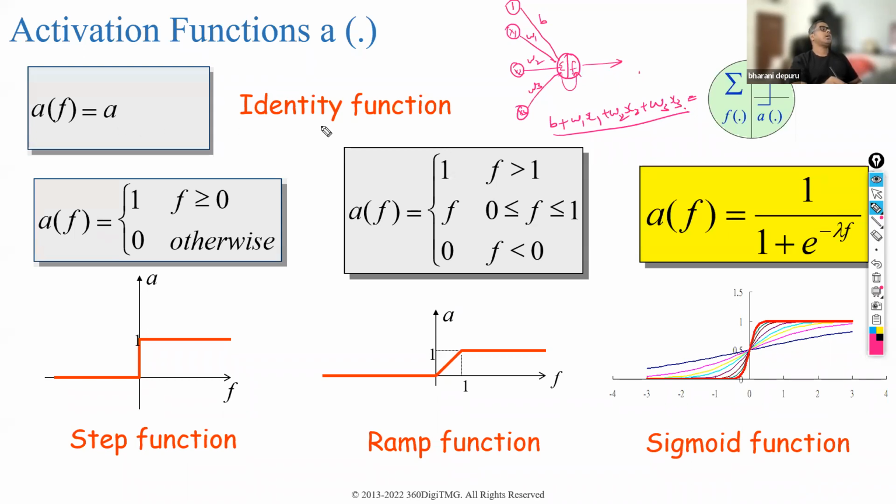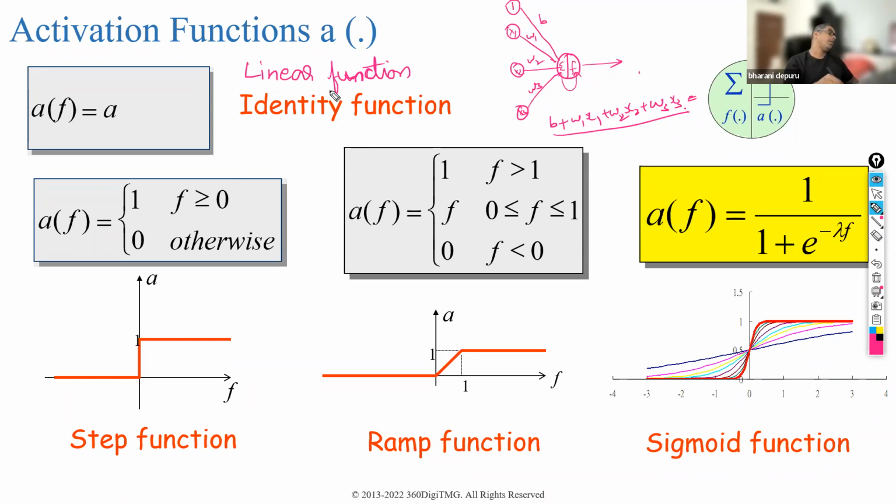If you use something called a linear function or identity function, then whatever integration component you have, you pass on the same thing to the activation component, and finally you get the same thing as output.